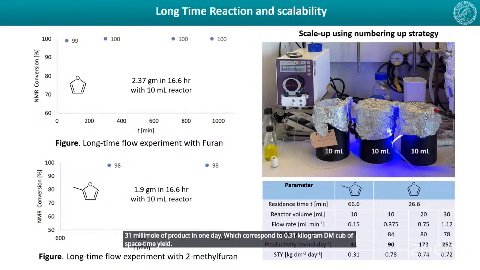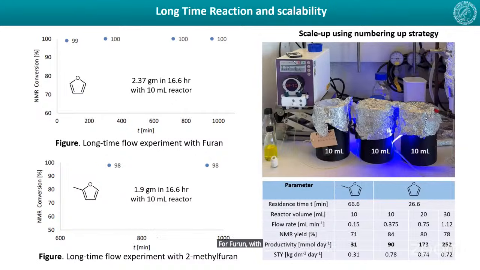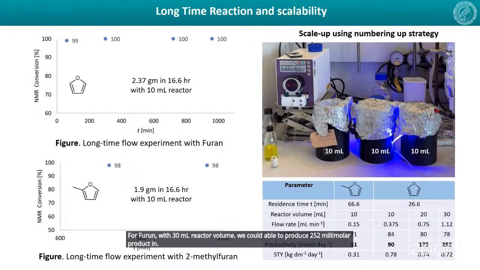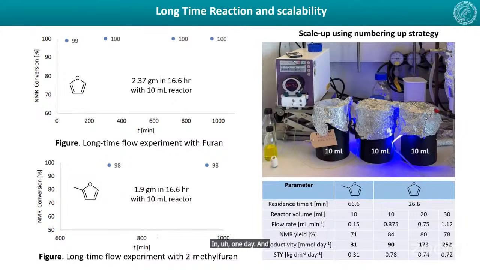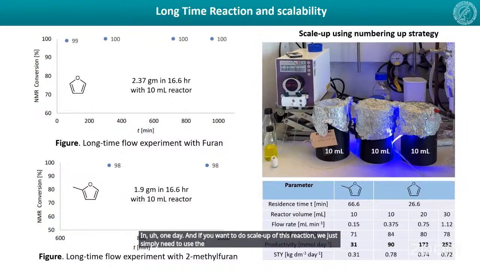For furan, with 30 ml reactor volume, we were able to produce 252 millimole of product in one day. And if you want to scale up this reaction, we just simply need to use a bigger reactor and starting materials available in large quantities.